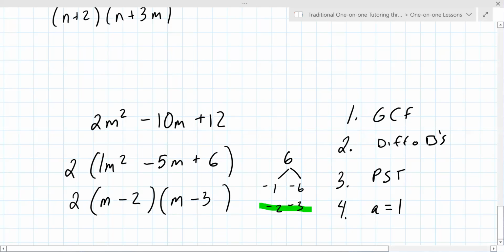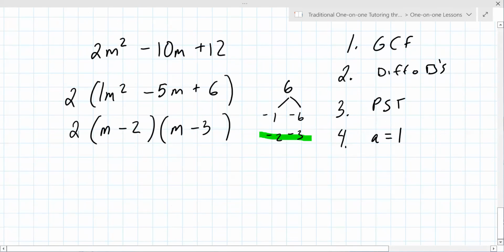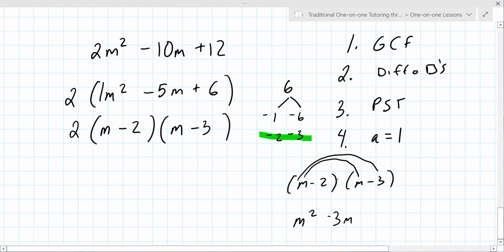The idea here is that if you were to FOIL m minus 2 times m minus 3, the first gets you back to the m squared. The outer is minus 3m, the inner is minus 2m, the last is plus 6.